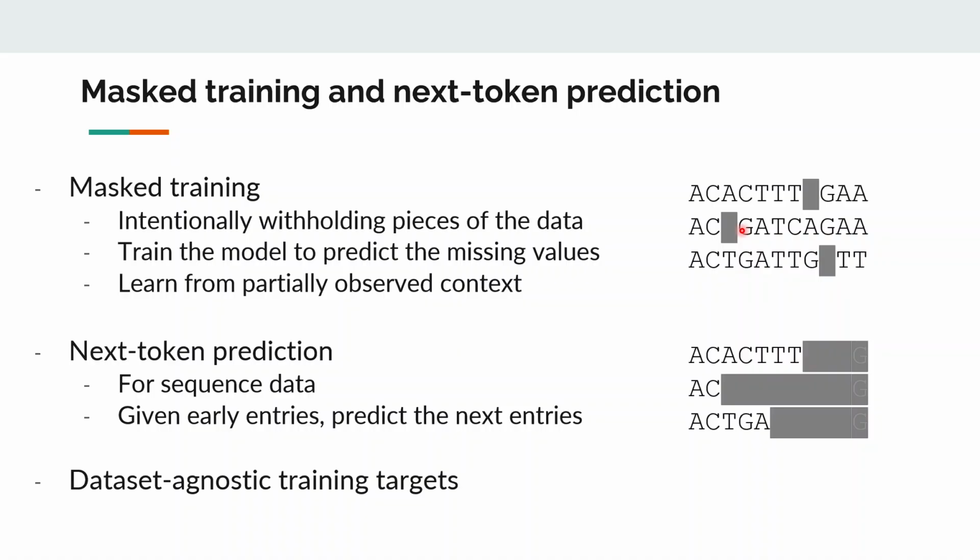So there are two ideas that people can use to create this kind of foundational model. The first one is called masked training. We intentionally remove some piece of data, and we ask the model to predict what's missing. If it's a DNA sequence or amino acid sequence, you remove some of the amino acids or some of the nucleotides, and you ask the model to predict. If it's an image of a cell, you might remove some part of the image and ask the model to fill in what's missing.